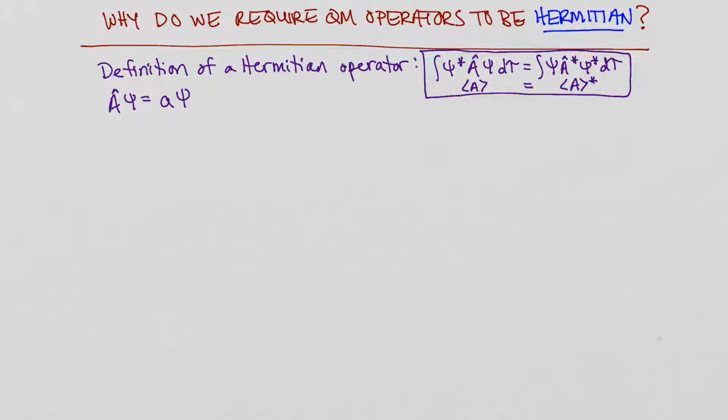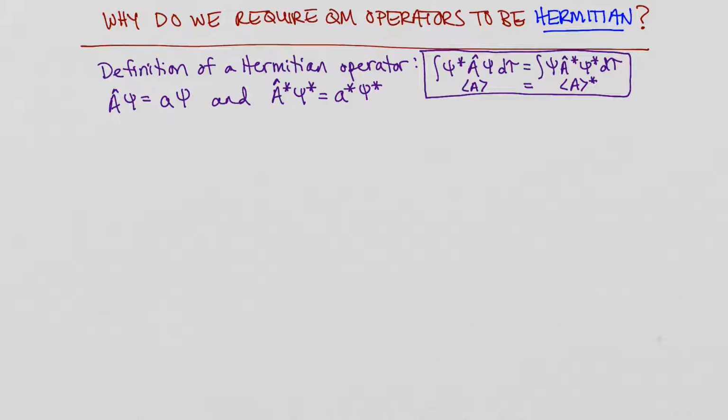So that's just our regular old eigenvalue equation that we've been using. And same for this quantity over here. A star psi star is also going to result in an eigenvalue equation for us. So in that case, we would have an eigenvalue of A star times psi star. That's just applying our eigenvalue equation approach there.